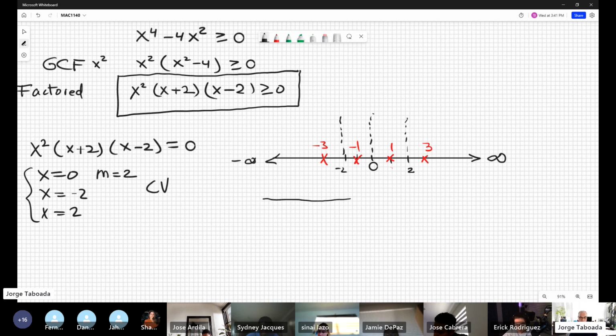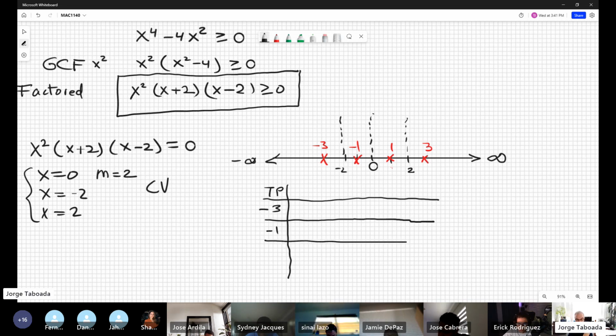Be careful because in the table we have something totally different. I list the testing points vertically: -3, -1, +1, and +3.